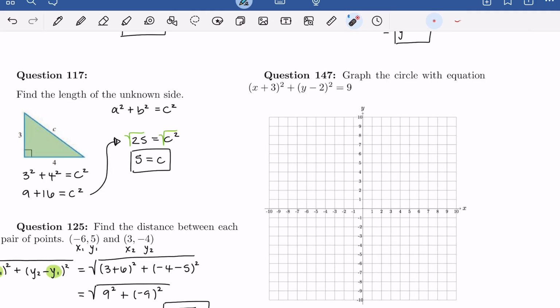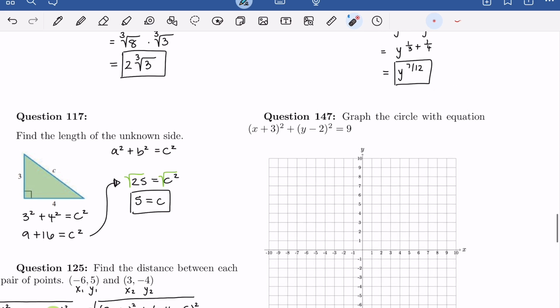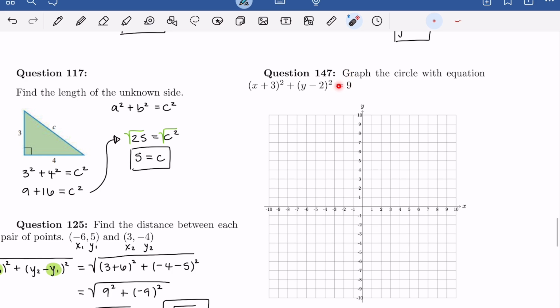All right, so for our last question in this section, we're now given the equation for our circle and we want to graph it. So the first thing we're going to want to do is identify the center and the radius. Notice that our equation is of this form, so we don't have our square root. In this case, the radius has been squared, so that means the radius is actually going to be the square root of 9, which is 3.